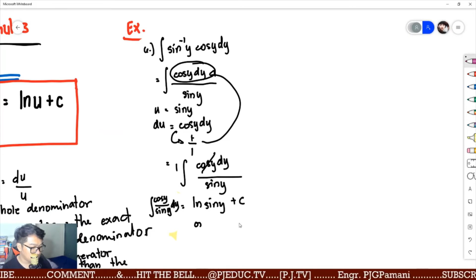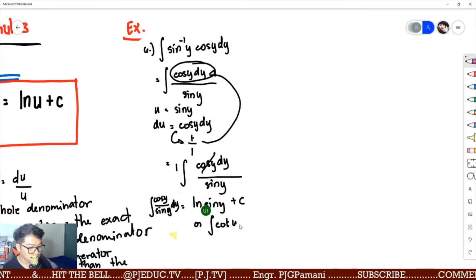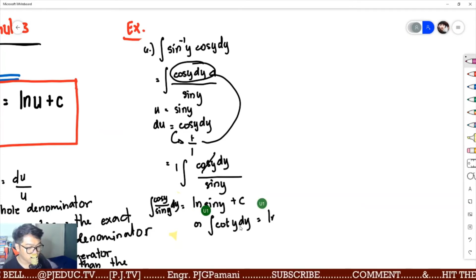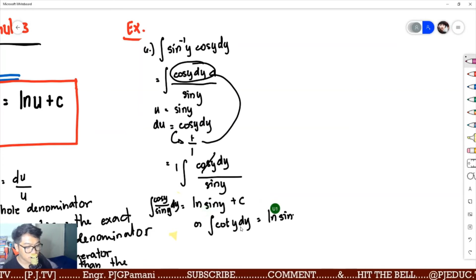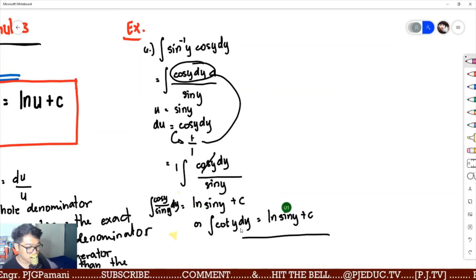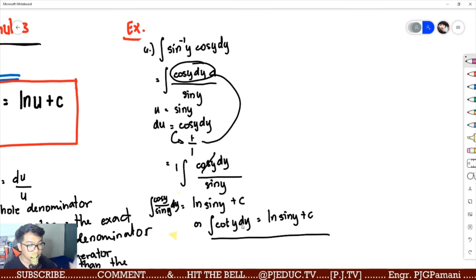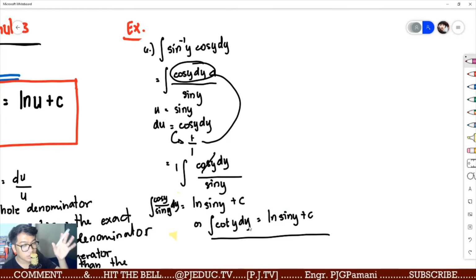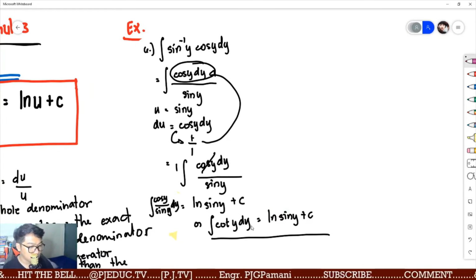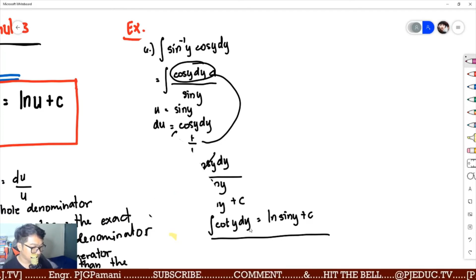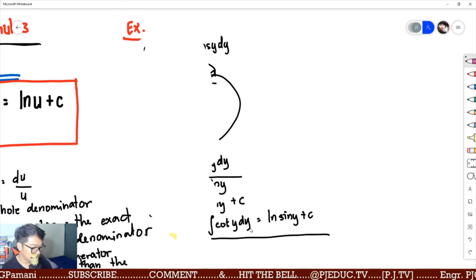Or that is also cotangent y dy, which is also equal to ln sine y plus c. Parehas lang sila. Remember your trigonometric identities and differential formulas. Nandun po lahat yan. Other examples involving trigonometric identities.